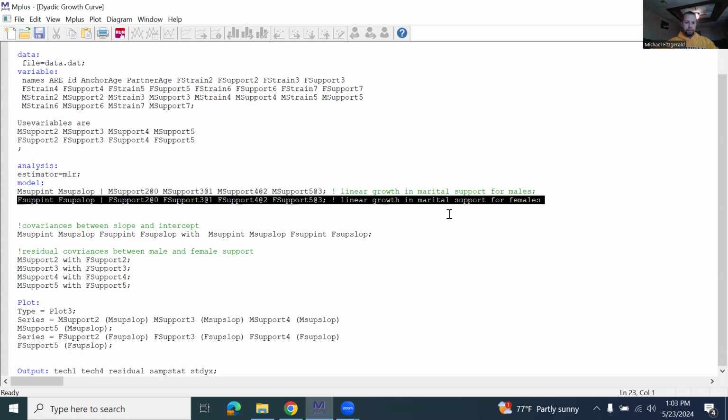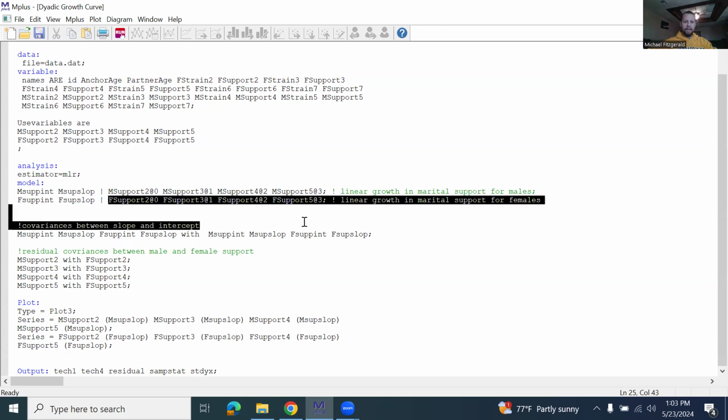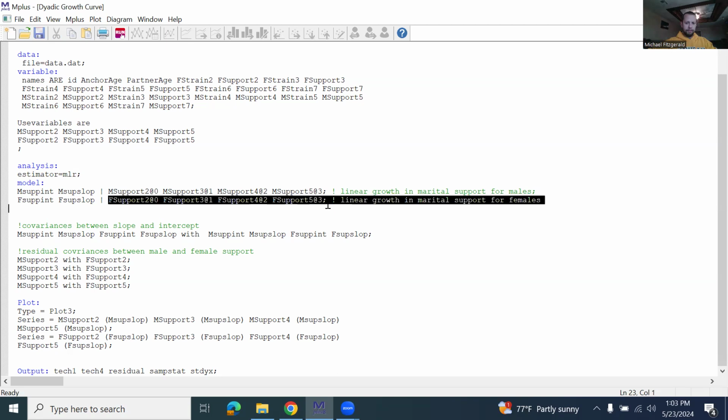Down here is identical to the male participants, and we just specify an intercept for the female partners and a slope for the female partners, and we code it again in an identical way. If you wanted to hard code your intercepts, it would look something like this.